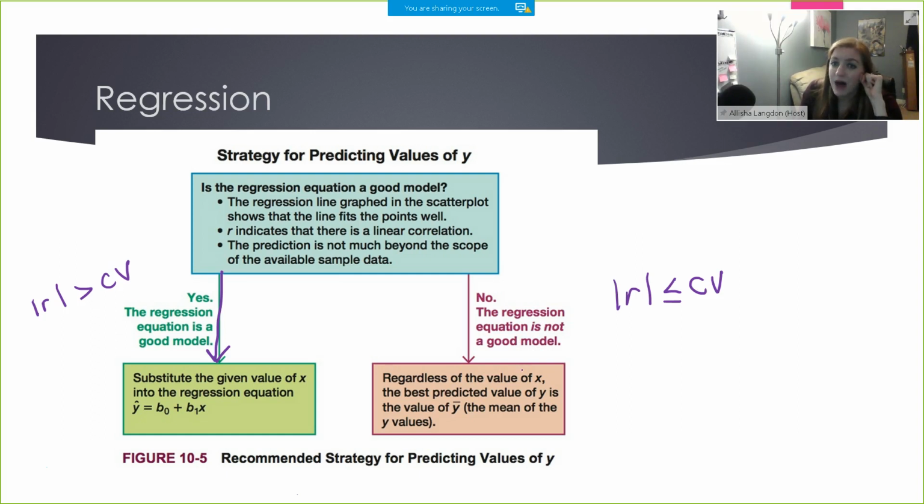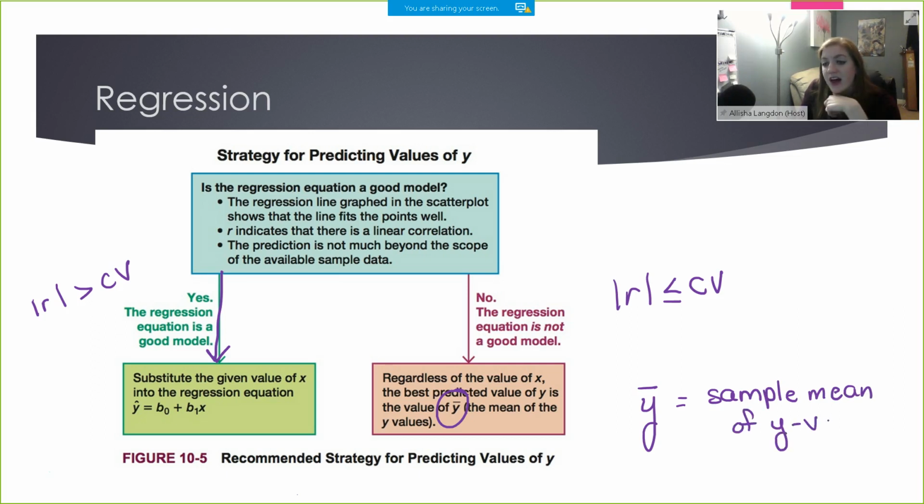When it's not a good model, we're going to go ahead and use Y bar. Now, we have not talked about Y bar before. Y bar is the sample mean of the Y values. So remember you did X bar before where you just took the average of all the X's?